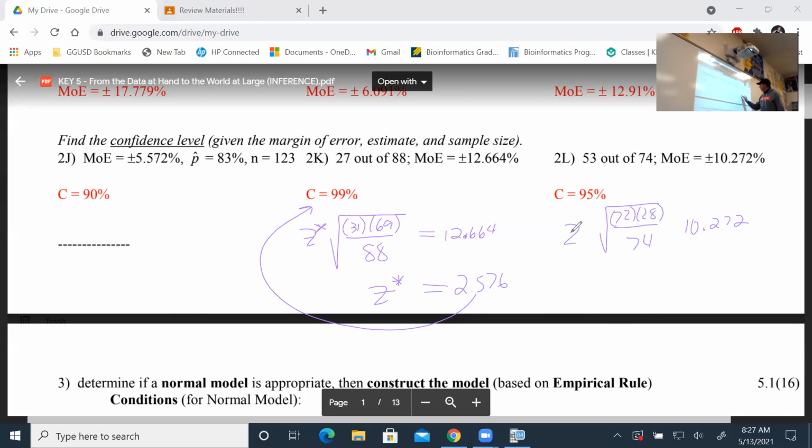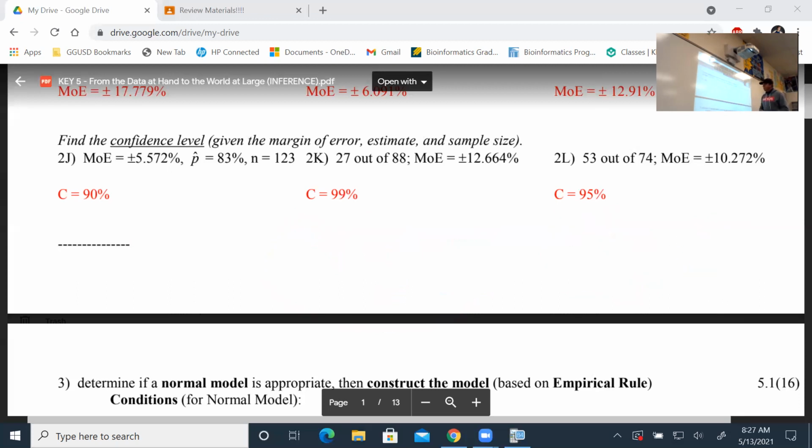And we got Z star here. Okay. That equals that. So then we got Z star equals, it'll come out about 1.96. I have some rounding issues there, and that's about 95%. Okay. So that's not too hard to do, I don't think, anyways. All right. Next one.